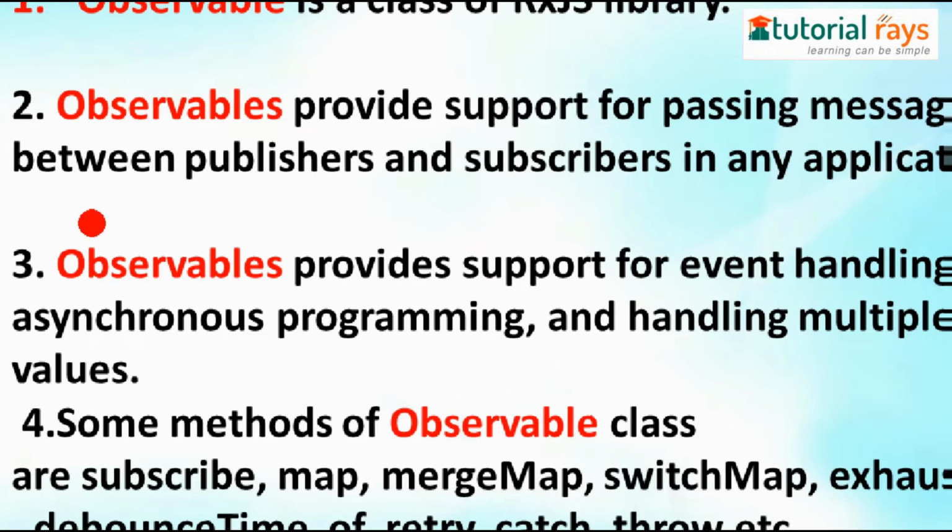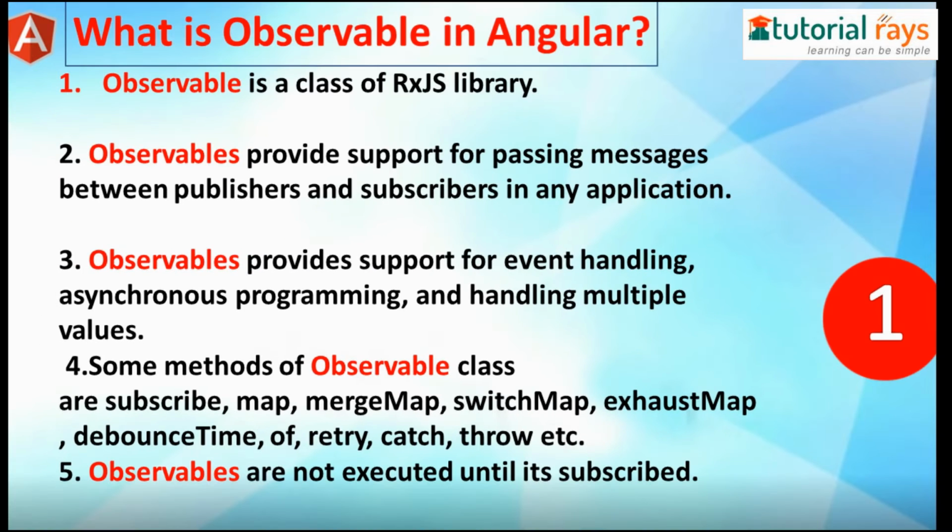Observable is nothing but, as I mentioned before, the pipe stream which receives asynchronous data through HTTP. The HTTP client, which is new after Angular 5, returns observable. That observable is asynchronous, it is not synchronous.